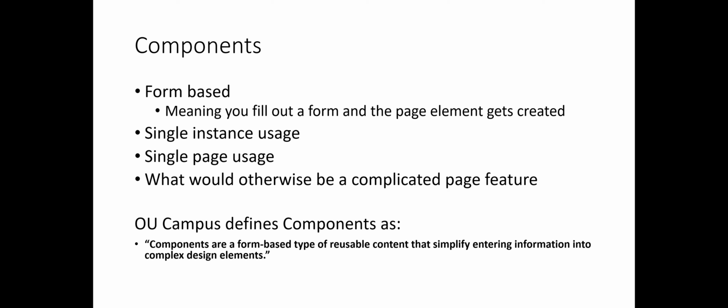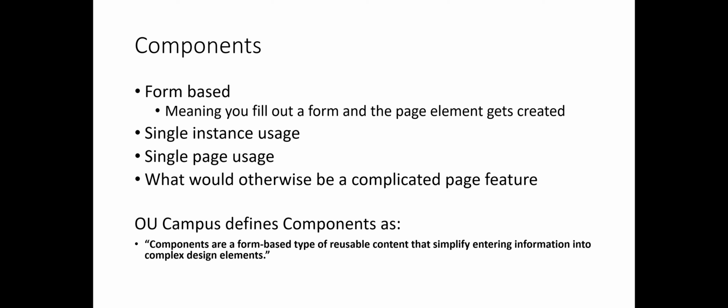OU Campus, the software company that we get our content management system from, defines components as a form-based type of reusable content that simplifies entering information into complex design elements. So a little bit more complicated, but it's basically a way to create what would otherwise be a complicated thing on a page quickly and easily.